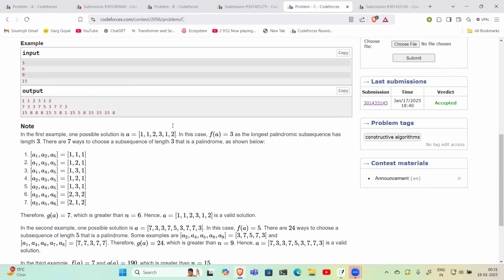So basically, the value of g of a is the number of ways you can find a subsequence which is palindromic and has length 3, which is equal to f of a. So look here, there are 7 subsequences. You can choose a1, a2, a5, that is the first, second, and the fifth element. You can choose the first, third, and the fifth element, and so on. So that is the reason the value of g of a is greater than or equal to 7.